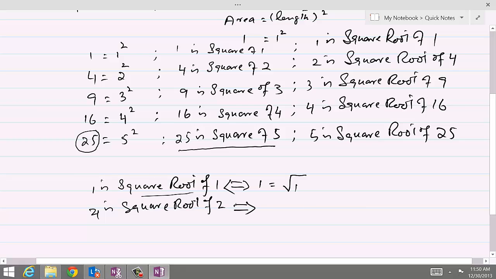This means exactly the same thing, just like saying the other. So 2 is equal to the square root of 4, and 3 is the square root of 9. This means 3 is equal to the square root of 9.